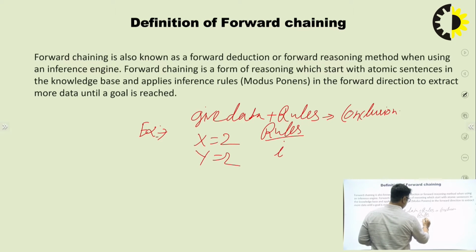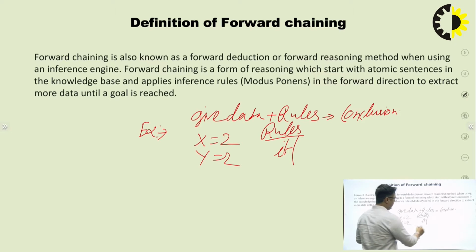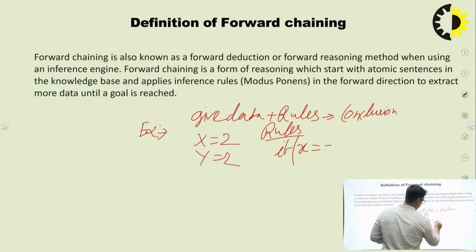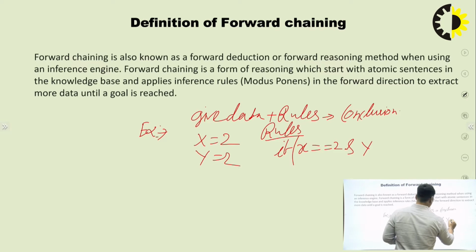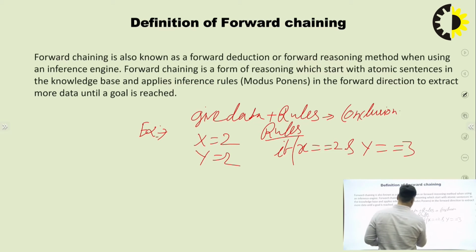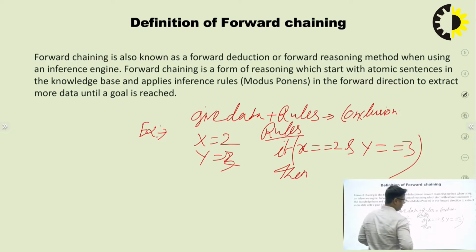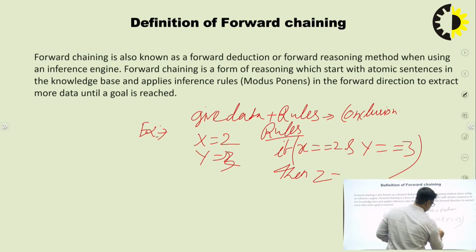If x is equal to 2 and y is equal to 3, then z is equal to 4.